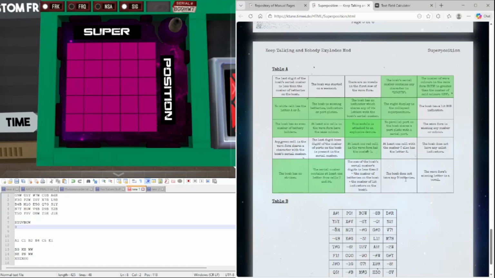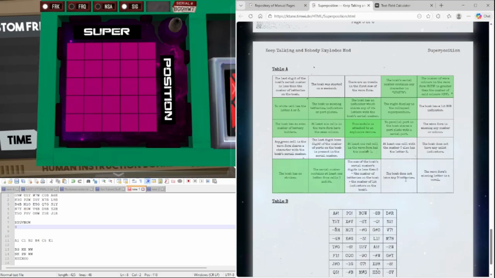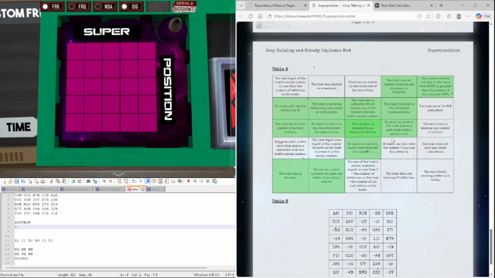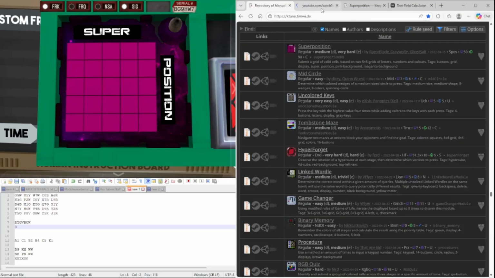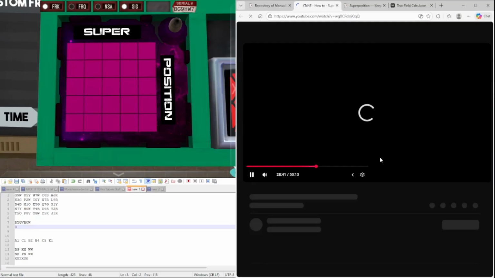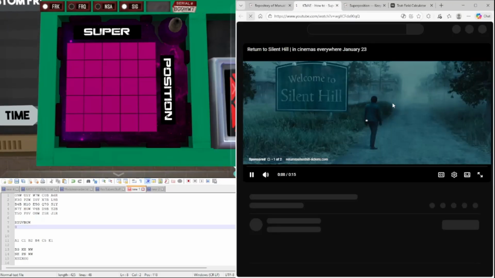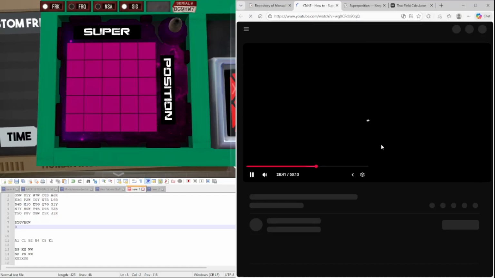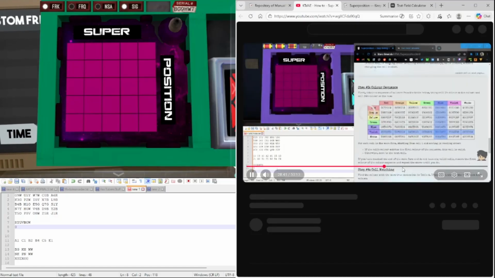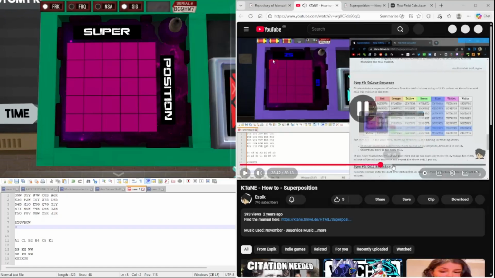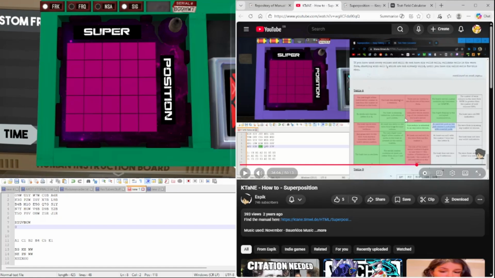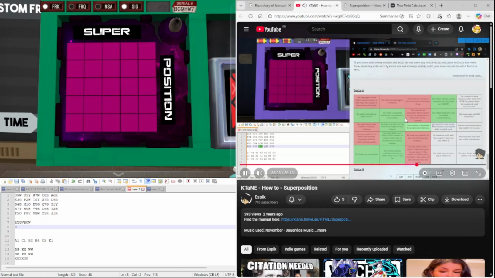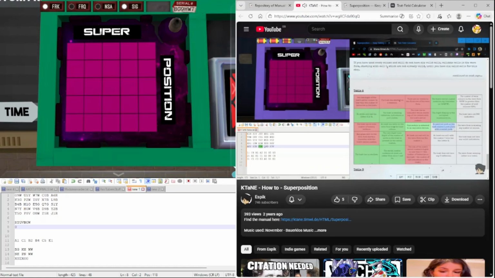The bomb did not have any D batteries. I might see if Espen mentioned the rule about if there is a parallel and serial port on the same plate.